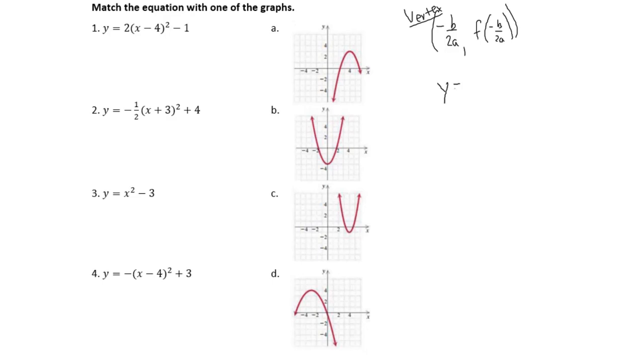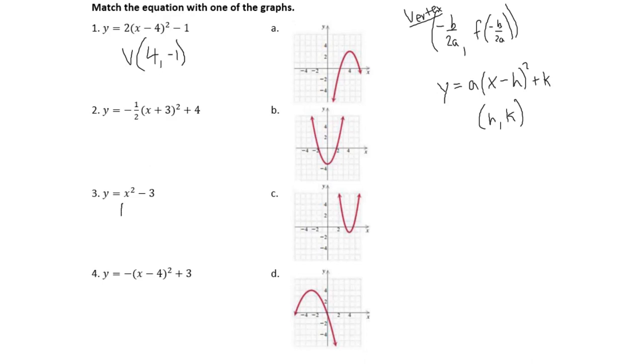So if you have y equals a times (x minus h) squared plus k, we can also find the vertex by looking at h comma k. And so as you remember, with our inside we go the opposite of what you think, and k does exactly what you think. This will help you find your vertex. So we can look right here and say, okay, this vertex is at 4, -1.